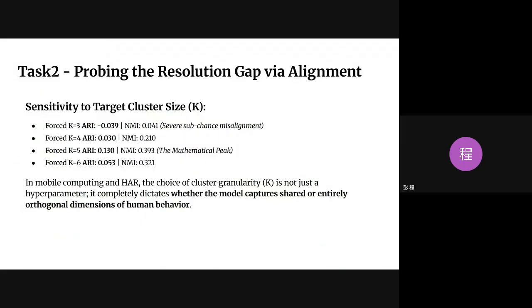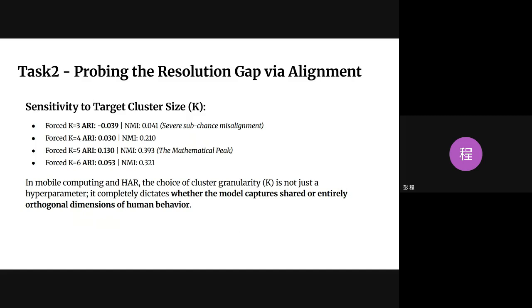And we want to know, if we force the sensor drive and the label drive to the same K, what's their ARI score in this scenario? If we force them to K equals 3, the ARI is not only a very small number, it's negative.